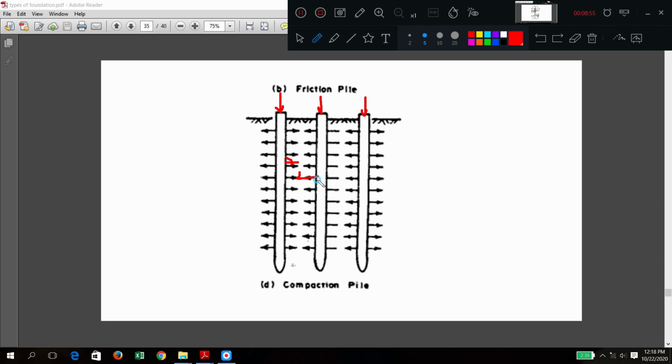What will compaction do to the soil property? So we have studied, no, improvement of SBC in soil. We have seen one method, that is the compaction method. So by compacting this, the SBC of the soil is increased. That is why we are calling it a compaction pile.